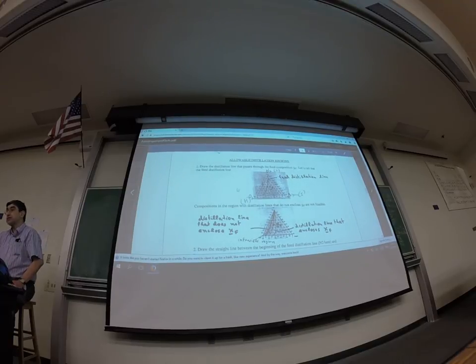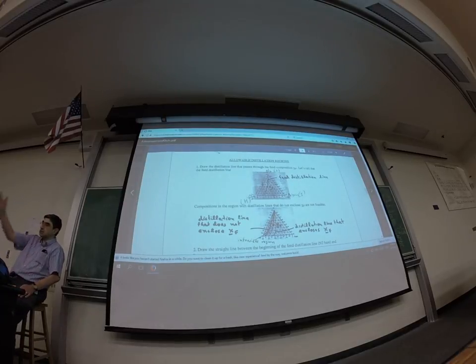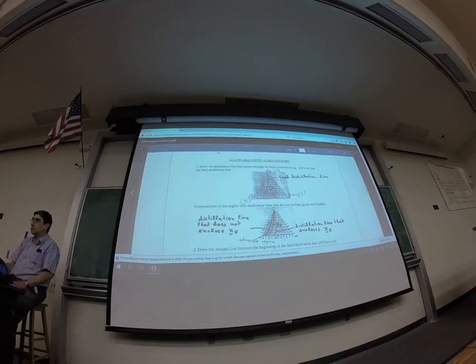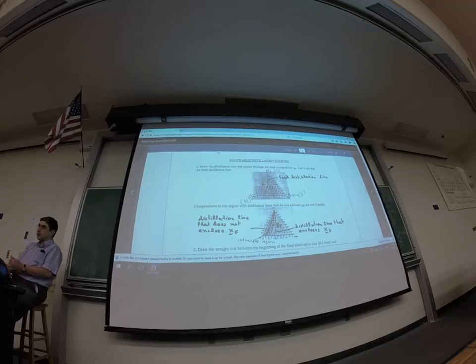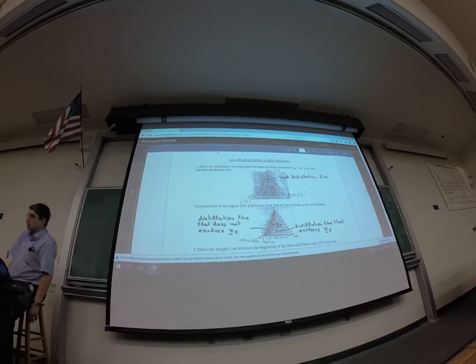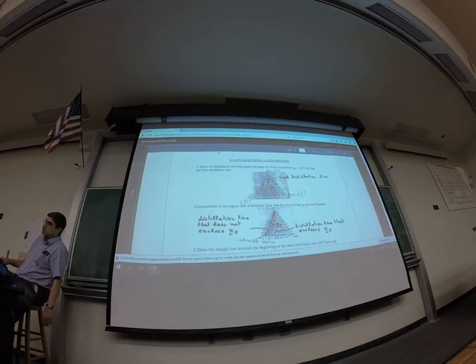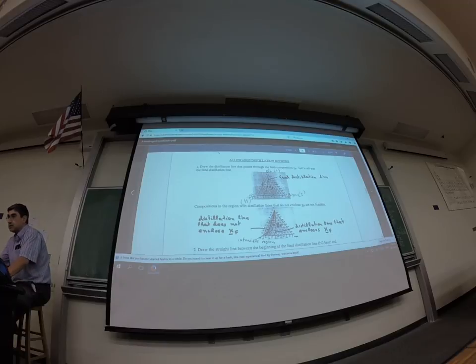Let's call that the feed residue line. So here's the feed residue line. You know, the distillation lines are really what would be more appropriate to use, but there are disadvantages to distillation lines that you don't have with residue lines. And it's better and easier if you use residue lines as the approximation.